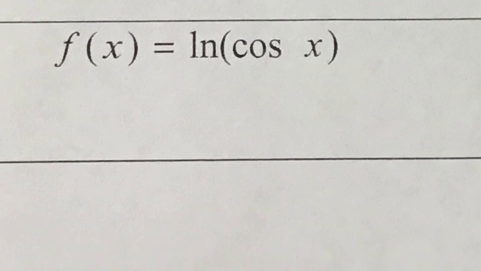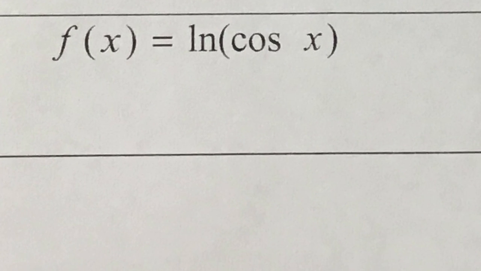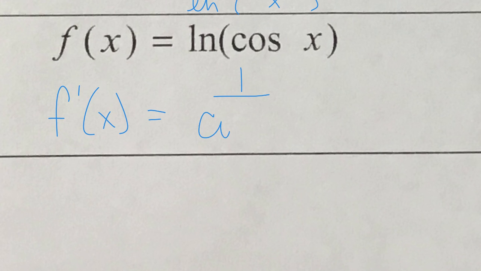Okay, so how about we go down and look at the natural log of cosine. Okay, so here, cosine is your x value, your inner, and the natural log is the outer. So the derivative becomes 1 over cosine times the derivative of cosine, which is negative sine.